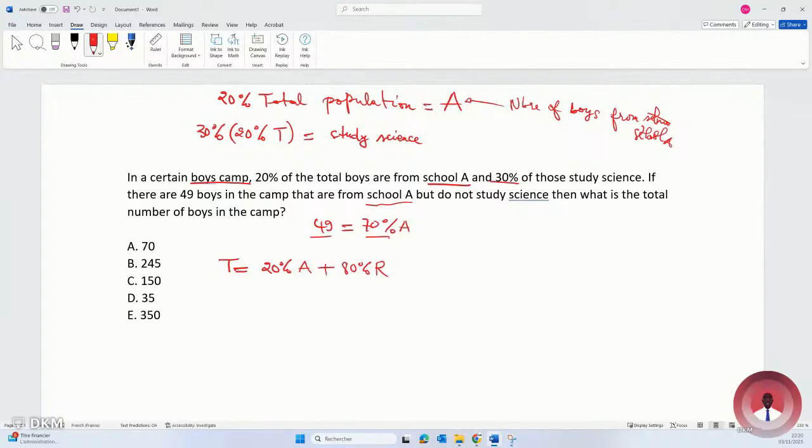We can also find the population of A. So this can lead us to say that 70 over 100 A is equal to 49.